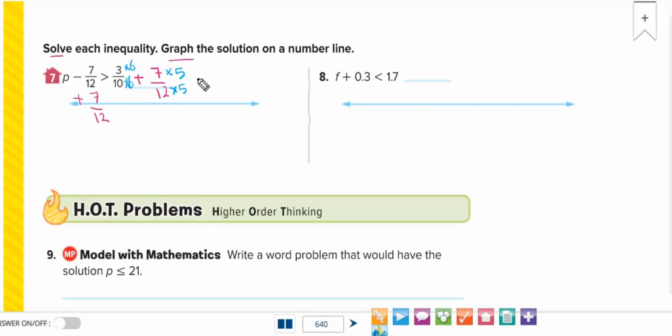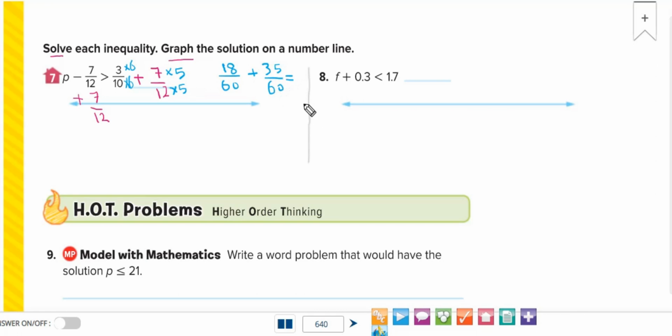But now my problem is, I have here 3 by 6 is 18, 18 over 60, plus I have here 7 by 5, so 35 over 60.